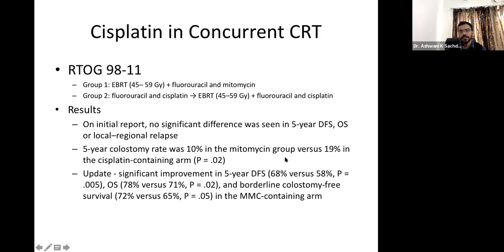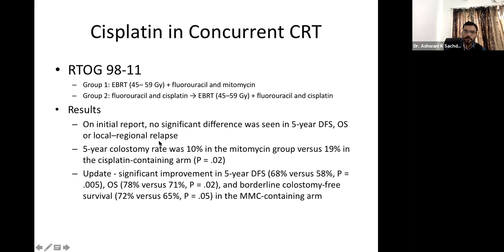In the result, they did not find any significant difference in 5-year disease-free survival, overall survival, and locoregional survival. Colostomy rates were lower in the mitomycin group than in the cisplatin group. The initial report showed that colostomy rates are lower, but there was no difference in survival.